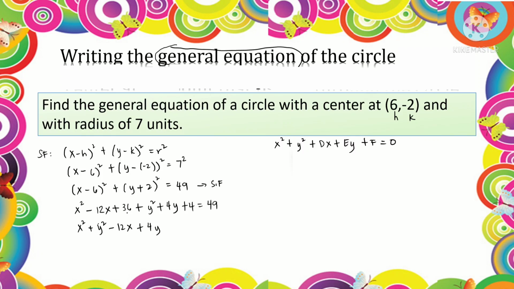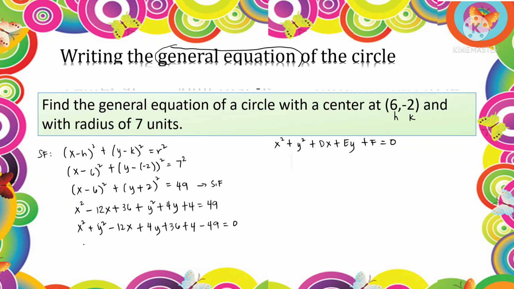Then, for the constants, positive 36 and positive 4. Then, transpose this one, negative 49 equals 0.